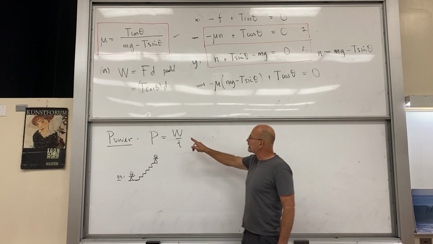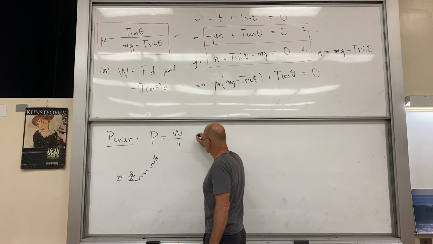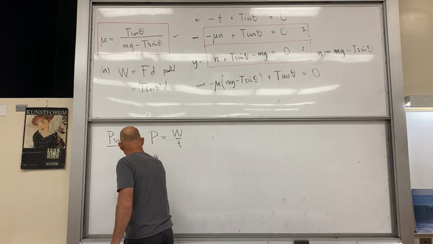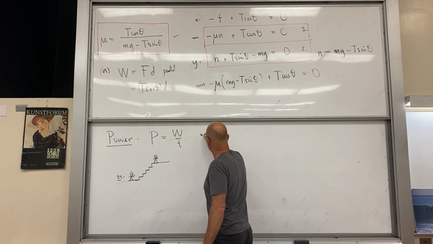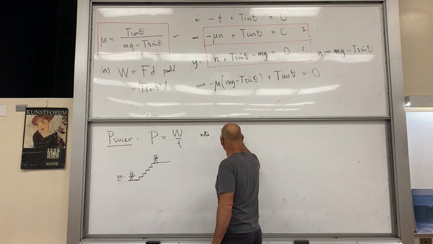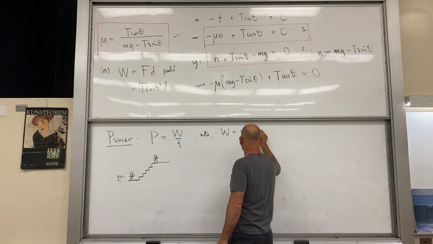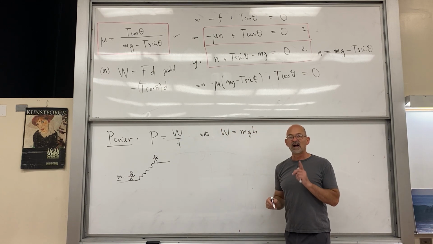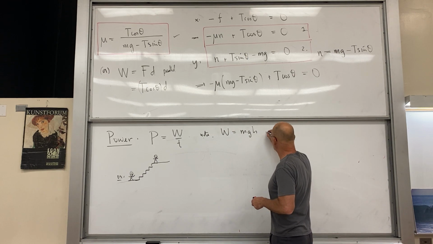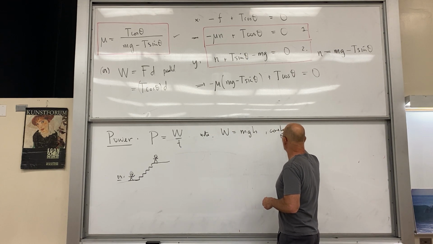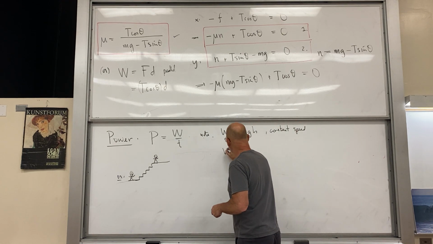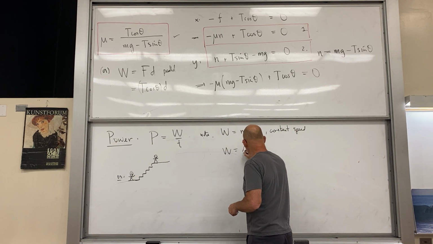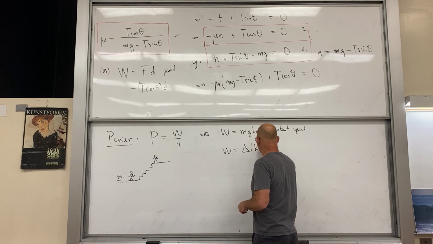Now, the work could also be the change of kinetic energy, which we're not dealing with in this example. So note, work could just be mgh. That's really for a constant speed example. Work is also equal to the change of the kinetic energy.